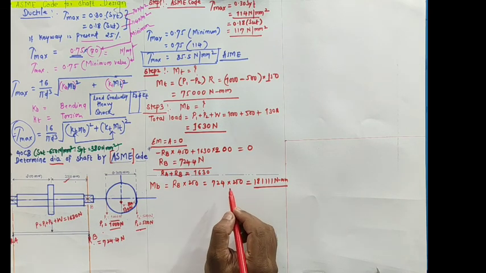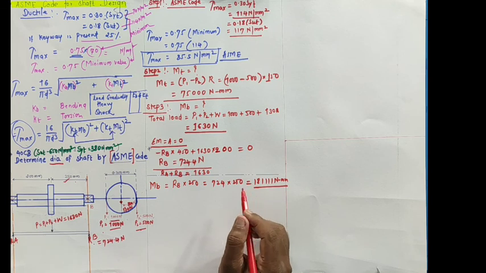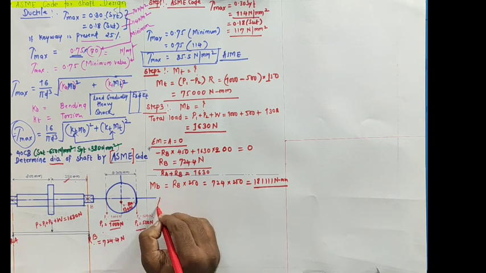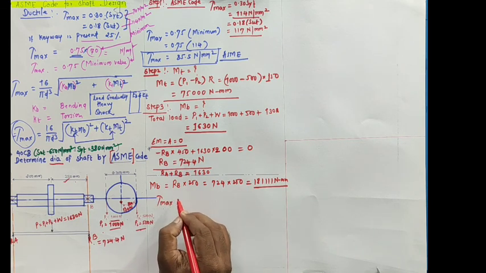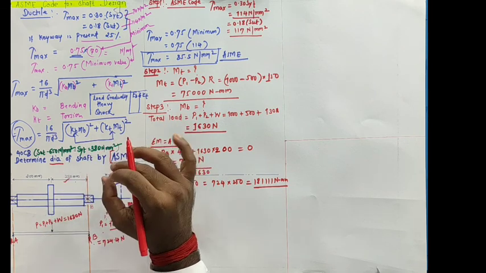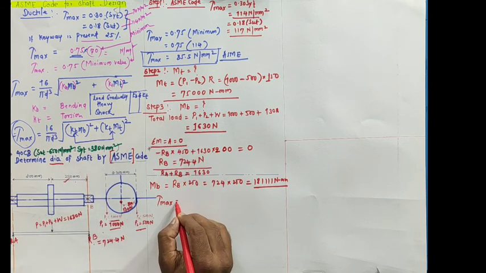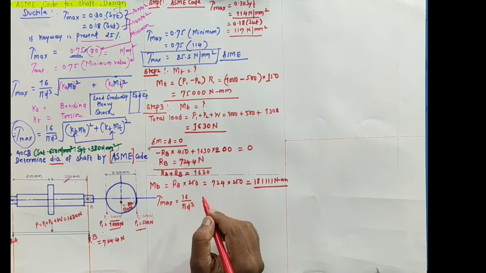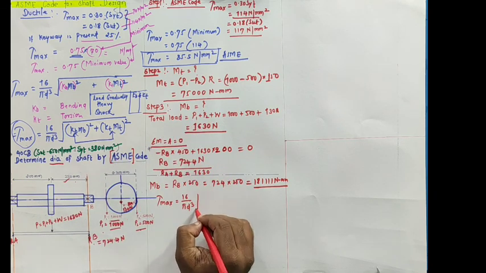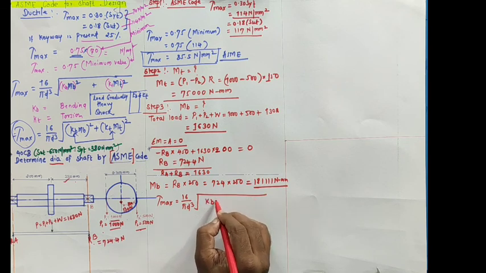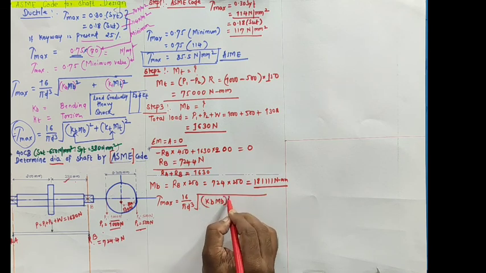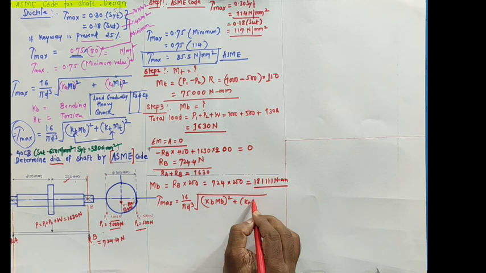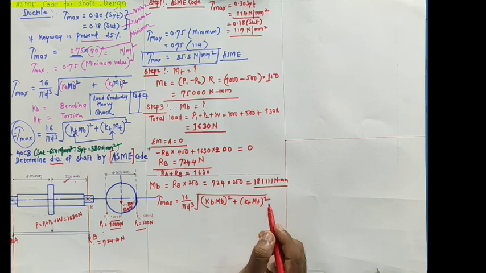So here we have calculated the bending moment and the torsional moment also. Now we'll use the final equation, that is tau max is equal to... is this a hollow shaft? No. Is this a solid shaft? Yes. So tau max is equal to 16 by pi d cube. Now this is the ASME code, square root of Kb Mb square plus Kt Mt square.